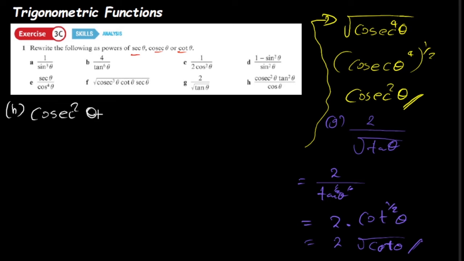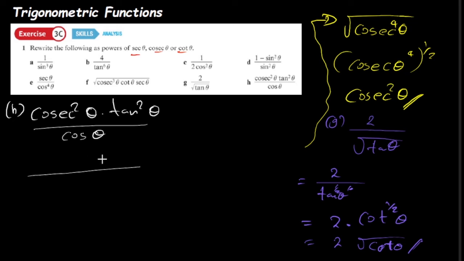Cosec square theta into tan square theta divided by cos theta. Now what is this going to be? So many terms. I'm going to turn this cosec square term into sine.